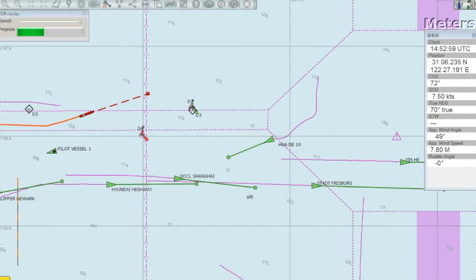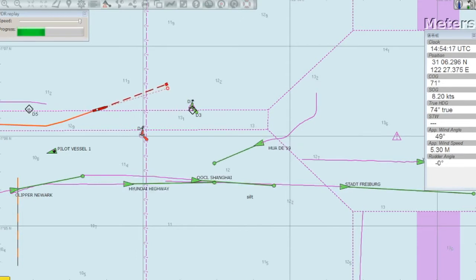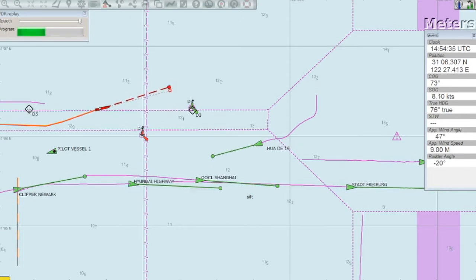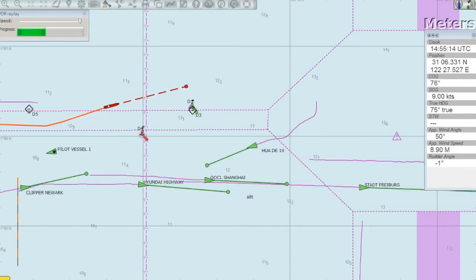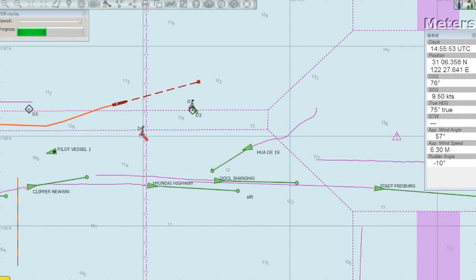Other vessels were sailing under the traffic lane, because it's away from the inbound vessel and also gives more room to maneuver if they have to avoid other vessels.